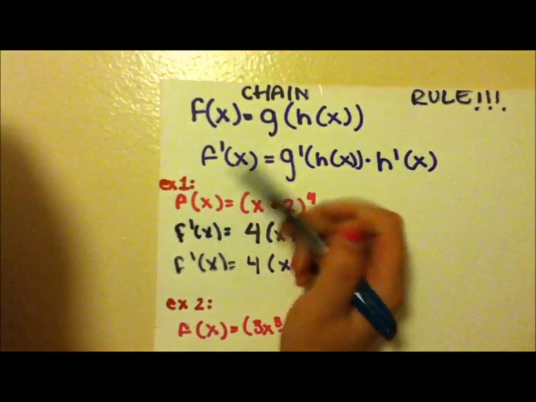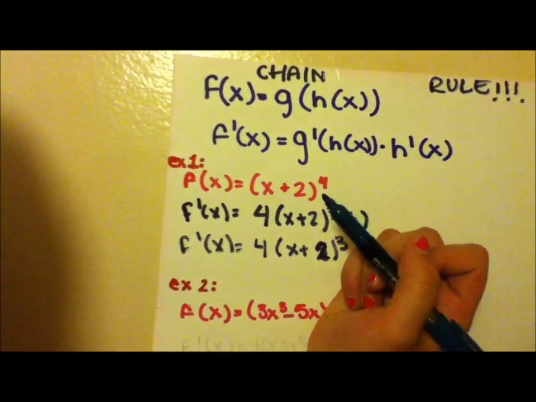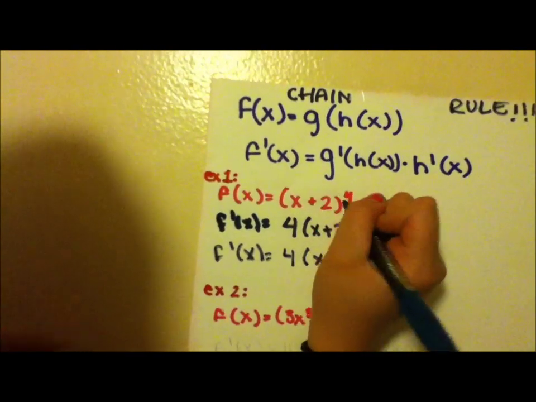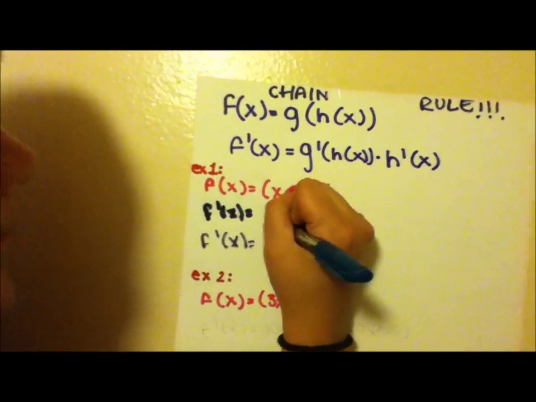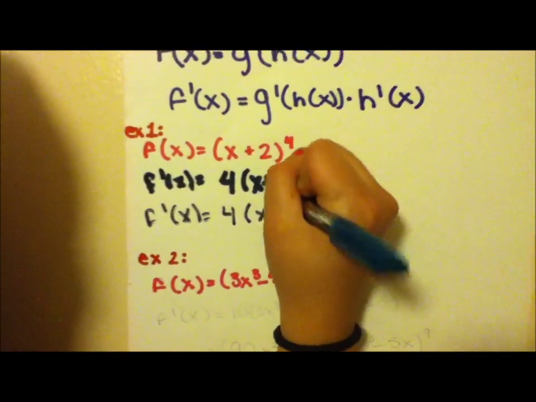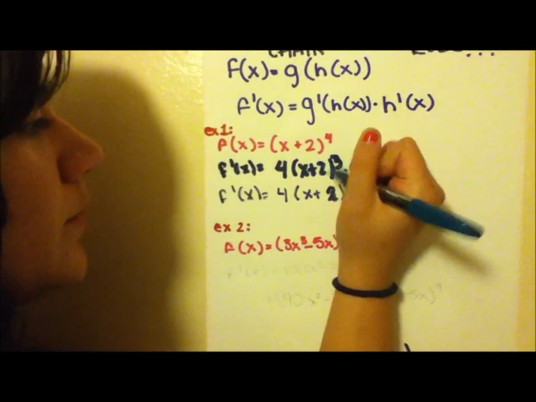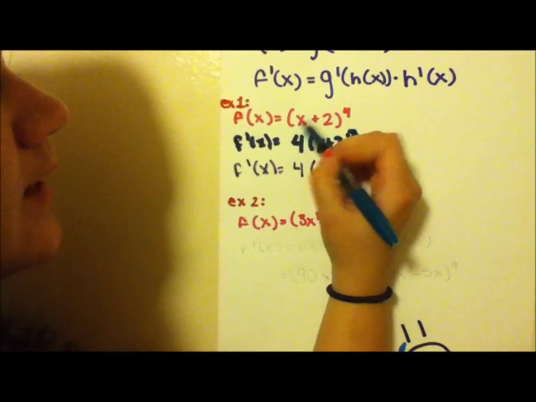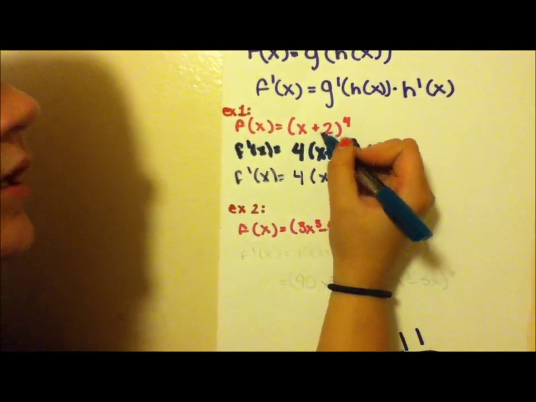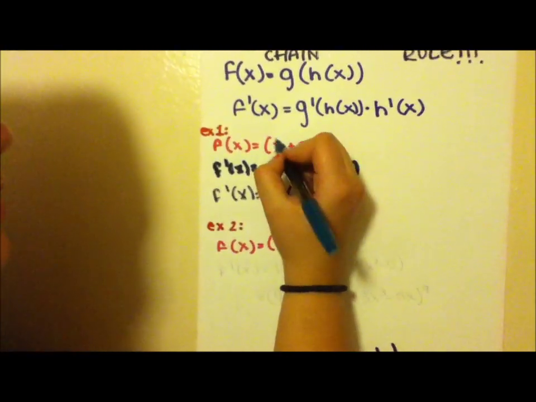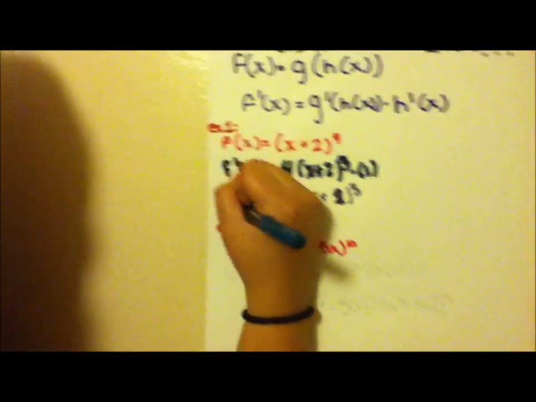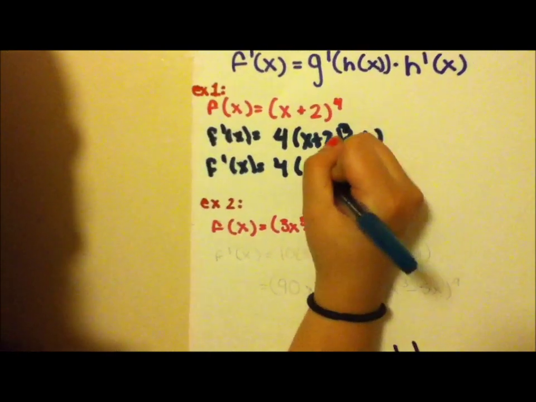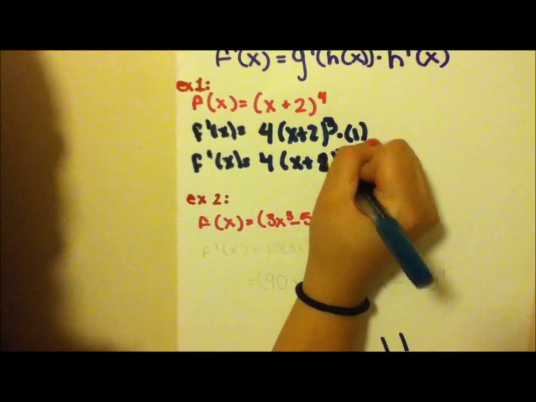So when we have the function (x plus 2) to the fourth, we take the derivative: you multiply the outside first, so it'd be 4 times the inside, (x plus 2) cubed, because it's 4 minus 1, times 1, because when you take the derivative of the inside, the 2 becomes a 0 by the constant rule, and x to the 1 minus 1 is 0, so this becomes a 1. So we simplify it, and our answer is 4 times (x plus 2) cubed.